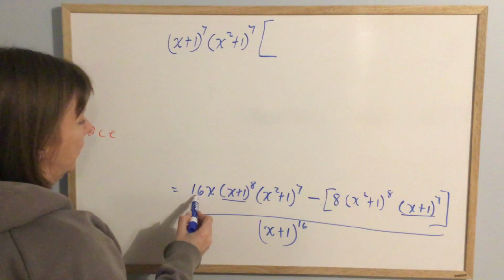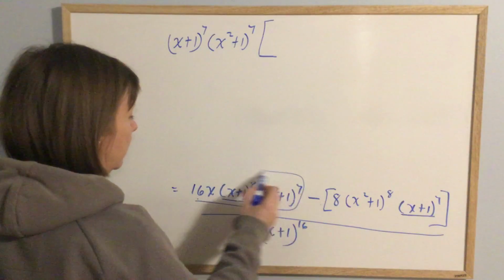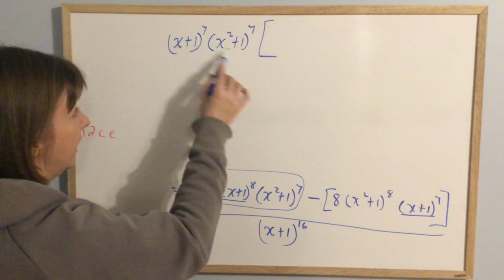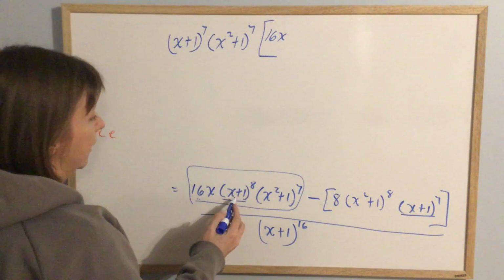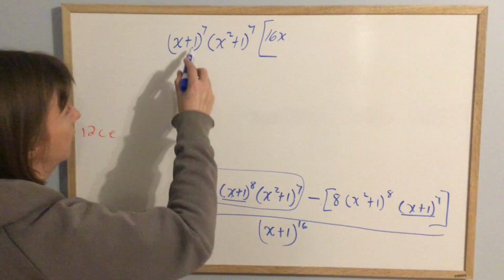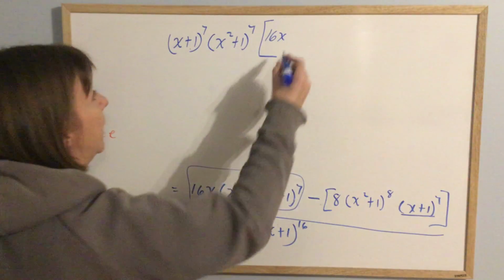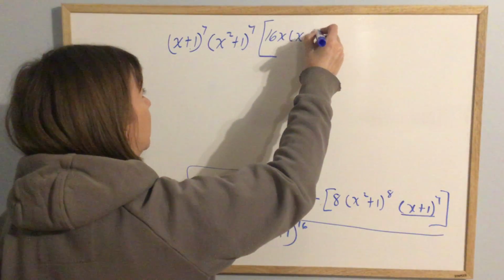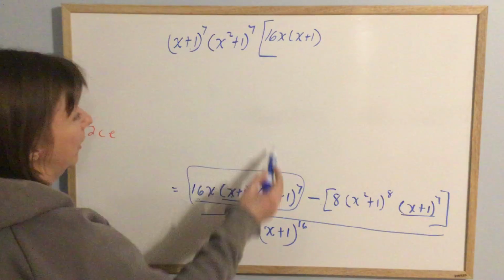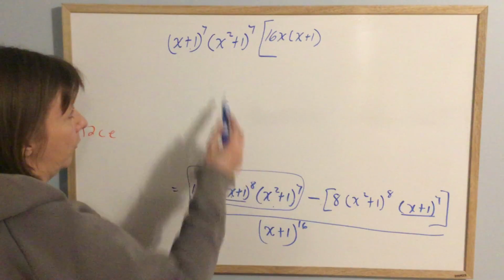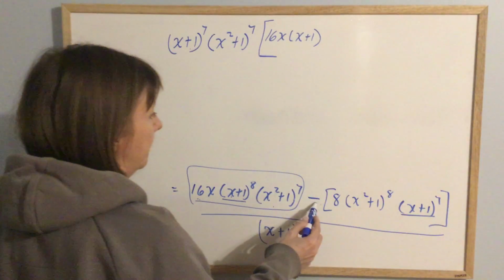If I take that out, I still have the 16x. (X plus 1) to the 8th, well, I only took 7 of them out, so I still have an x plus 1. And I took all 7 of the x squared plus 1 out. So that's what I have left there, minus.